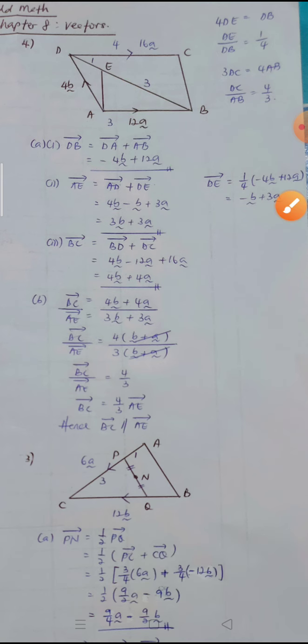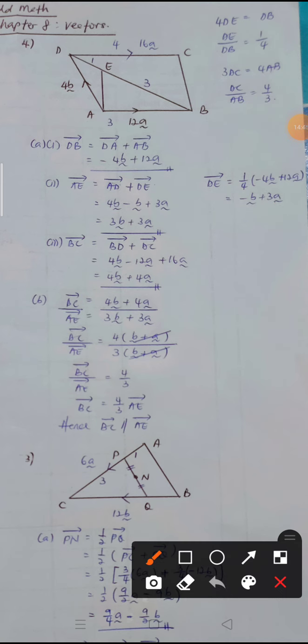Okay, second, we are going to have vector AE. Where's vector AE? AE is here, A to E. So to get vector AE, we are going to use vector AD add with vector DE. Vector AD is 4B. How to get vector DE?